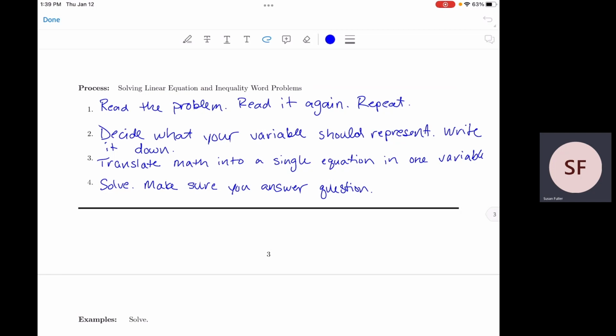So to solve a word problem, the first thing we need to do is read the problem. Then I want you to read it again. And I want you to repeat reading the problem until you have kind of wrestled with the information that you're given and the information that you're asked for. Sometimes that's going to take a good bit of time.